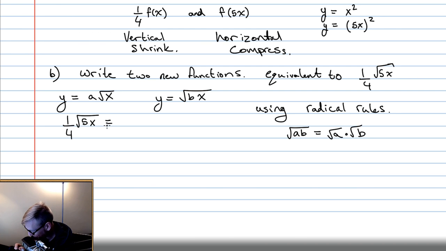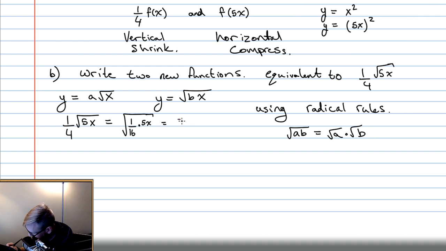Okay. We can say that we want to bring the 1/4 inside. We're going to go just like this. When we bring the 1/4 inside, we'd have to square it so that the square times the square root will cancel each other out. So 4 squared is 16. 16 times 5x.